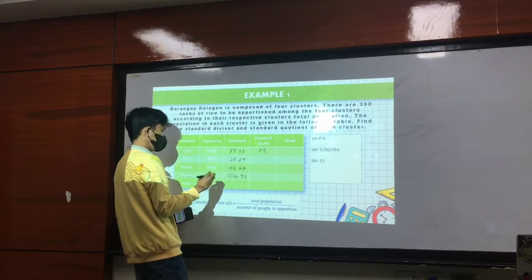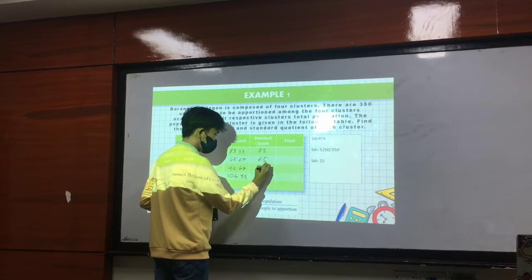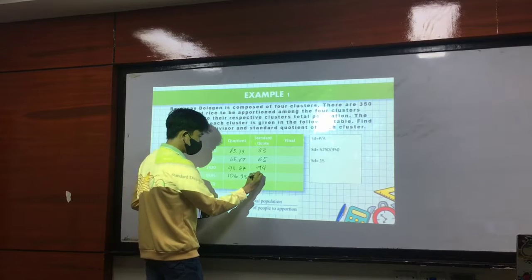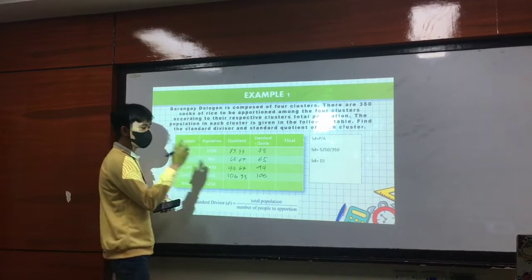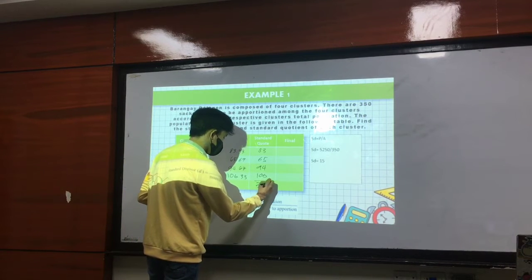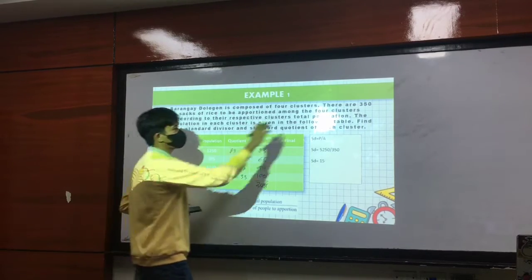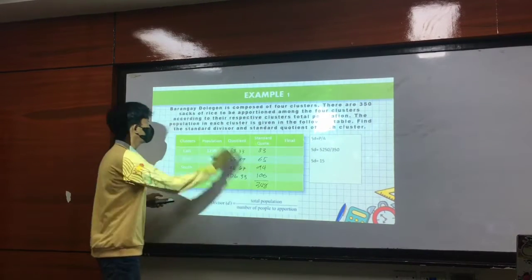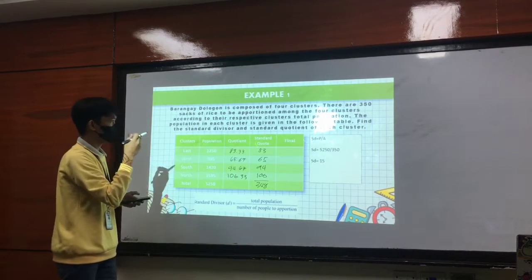In cluster west we have 65, 94, and our last is 106. If we total this all, we have 348. So notice here, we have 350 sacks of rice to be apportioned.